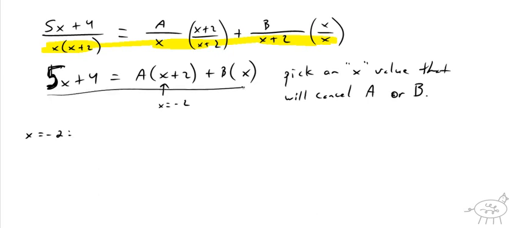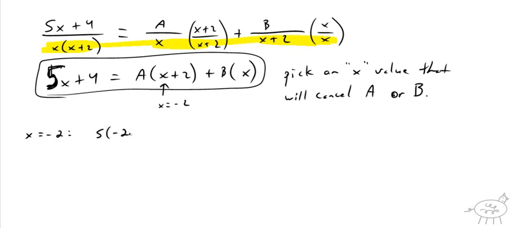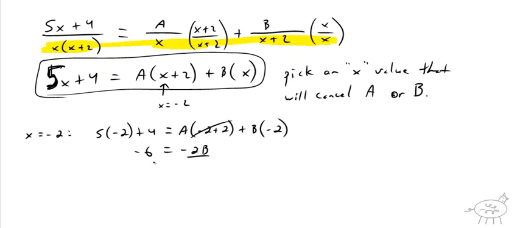So it's 5 times -2 plus 4 equals A times -2 plus 2 plus B times -2. Wherever you see an x, we plug in. And so we get -10 plus 4 is -6. This goes away because it's 0, so it's equal to -2B. Divide by -2, and we get B is equal to 3.